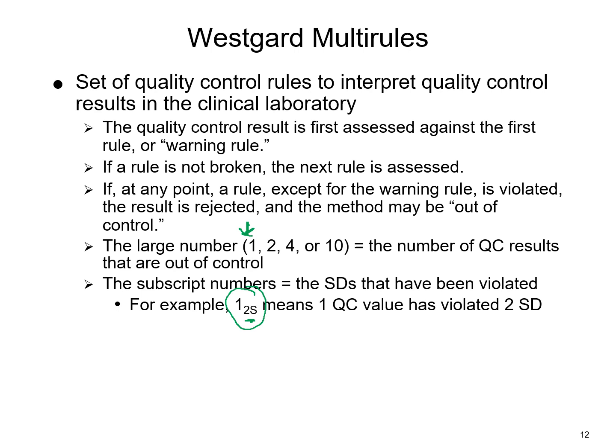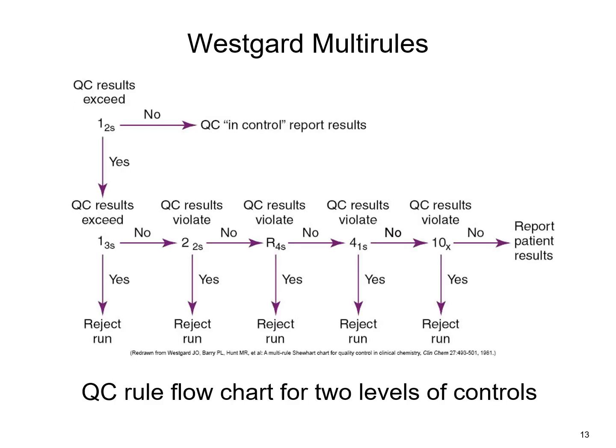So now let's look at the actual chart. Here again, we have that first rule, the 1-2S, meaning we have one value that is outside of 2 standard deviations. If we say no, it's within 1 standard deviation, or it hasn't even crossed the 2 standard deviation line yet, then we can consider it in control, run the result.